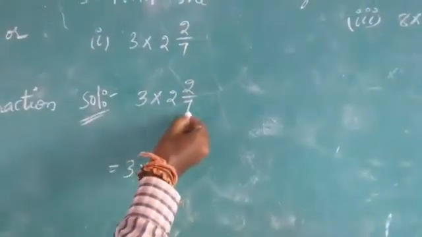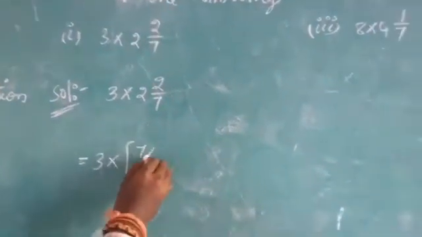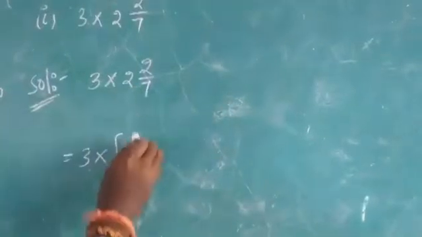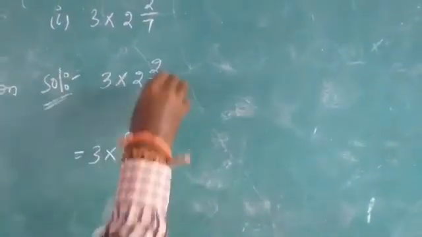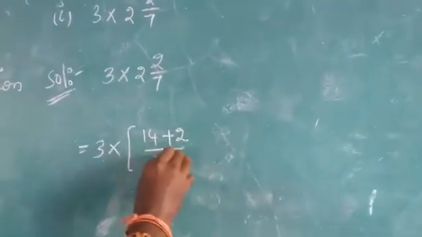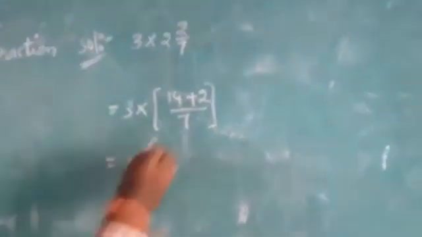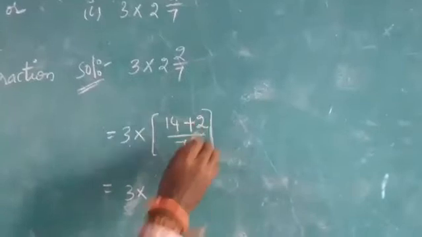This is a mixed fraction. Now 7 2s are 14, plus this 2 by 7. Then 3 into 14 plus 2, 16 by 7.